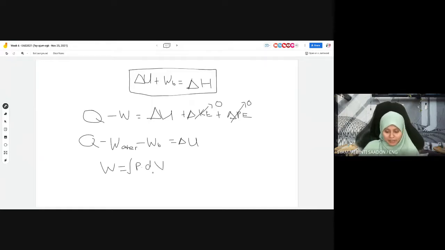But here we know that P is constant pressure, so we can take out P and just integrate V, the change in V, V2 minus V1, or V final minus V initial. So for this process, the boundary work is P times V2 minus V1. We can put it here. Boundary work due to the constant pressure.